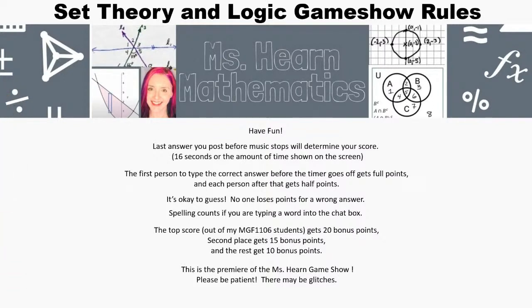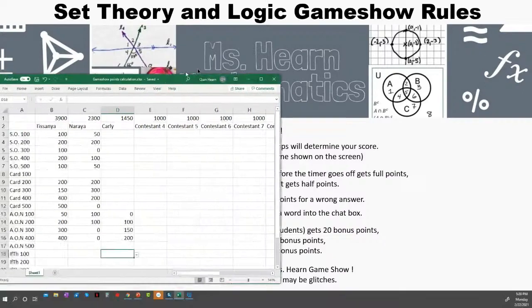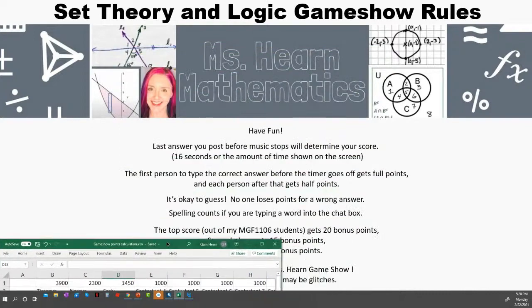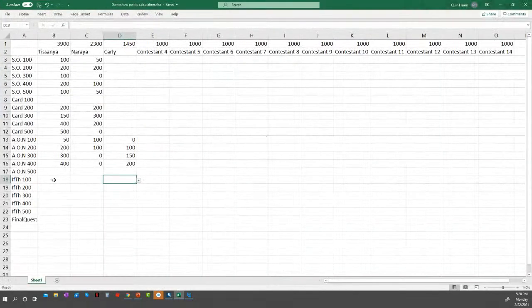So that means that Sonia, you are going to get 20 bonus points today. 20 bonus points for Sonia, and then Naraya is going to get 15 bonus points, and Carly is going to get 10 bonus points.